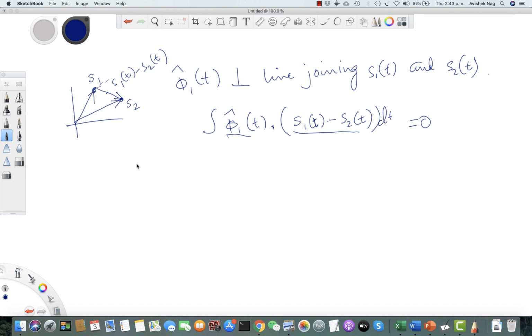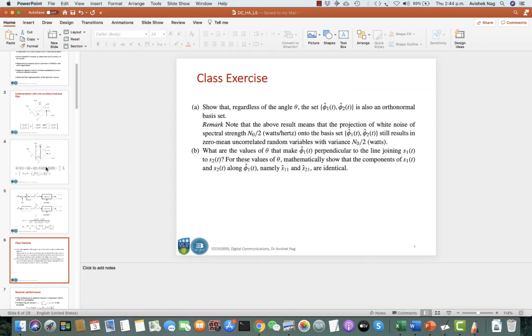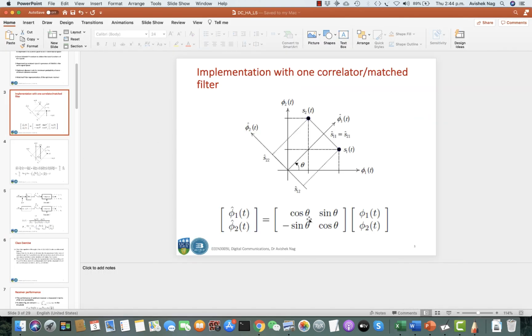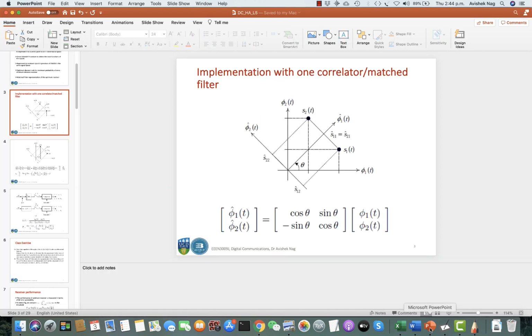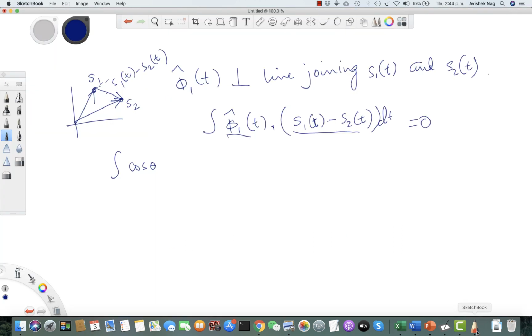Again, if you write the expressions of phi 1 hat(t), phi 1 hat(t) was cosine theta phi 1(t) plus sine theta phi 2(t), right?